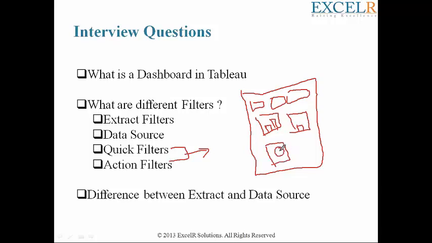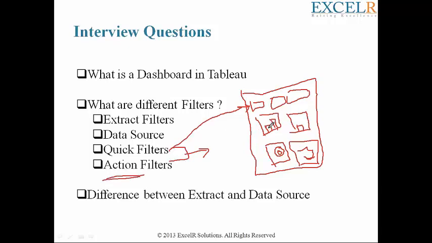And my favorite, the donut chart, and let's say another chart here, the line chart. So what are the quick filters? The quick filters are these filters where a user can select from a drop down and select the values and filter the data. But what are your action filters?